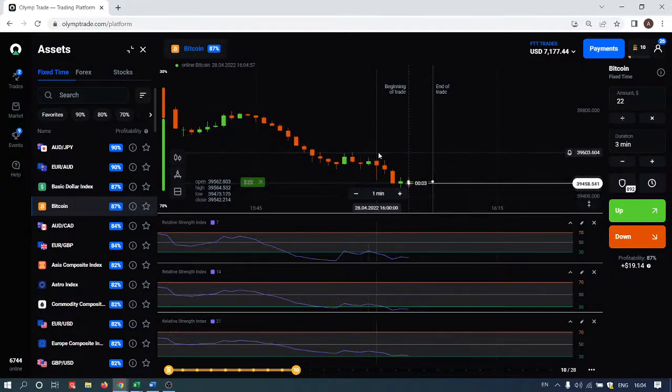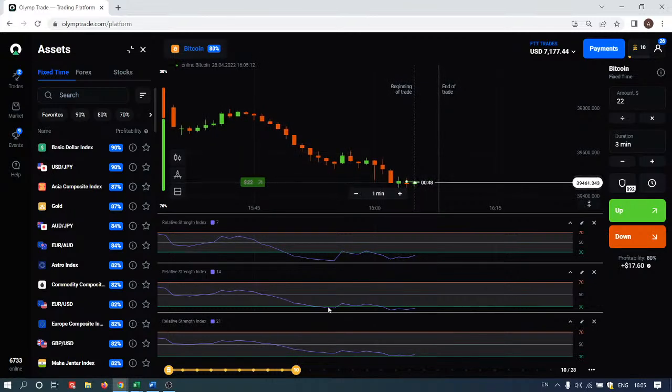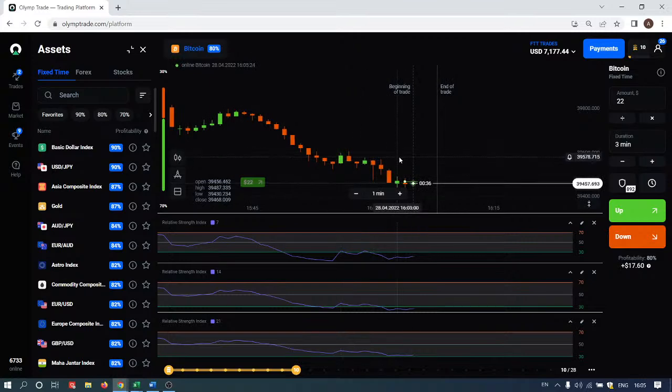Another way of using this trading strategy is to open a trade when the RSI line returns back into the normal area after having traveled to this oversold zone, like in this example and kind of here. So that would be a trade here in the upwards direction.